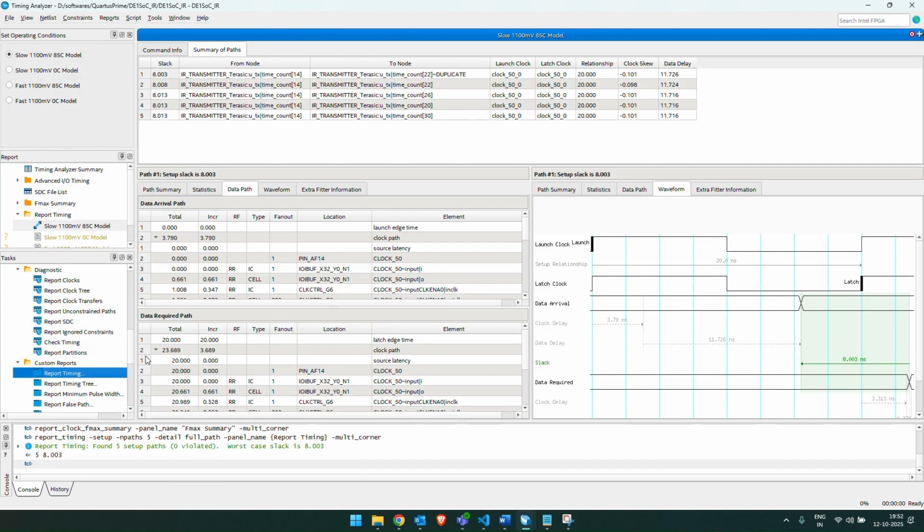Regarding the timing, if you see here, the slack has also reduced from 13 to 8, which means there are only about 8 nanoseconds of extra time once the flip-flops capture the data. So the delay has gone up from 9 to 11.